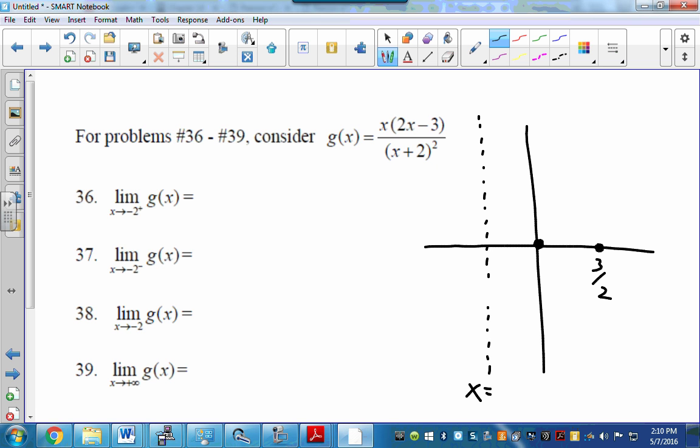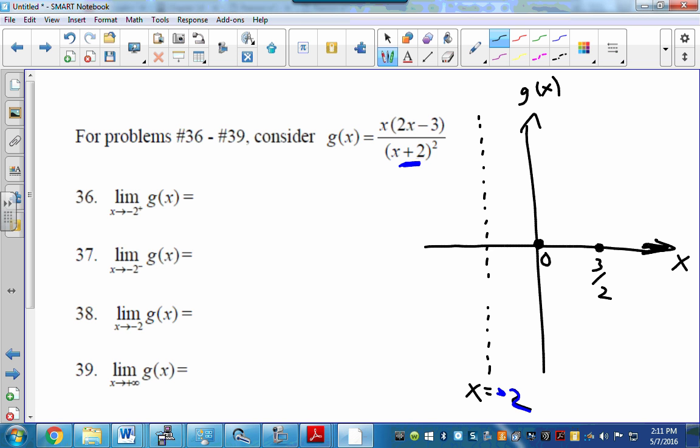Right, so x is -2. That's the number that makes the denominator 0. And the numbers that make the numerator 0 are in fact 0, where the origin is, and the number 3/2. Here's x, and here's g.